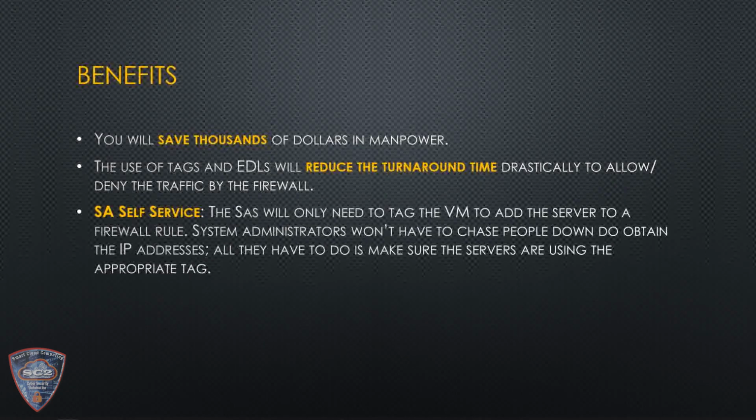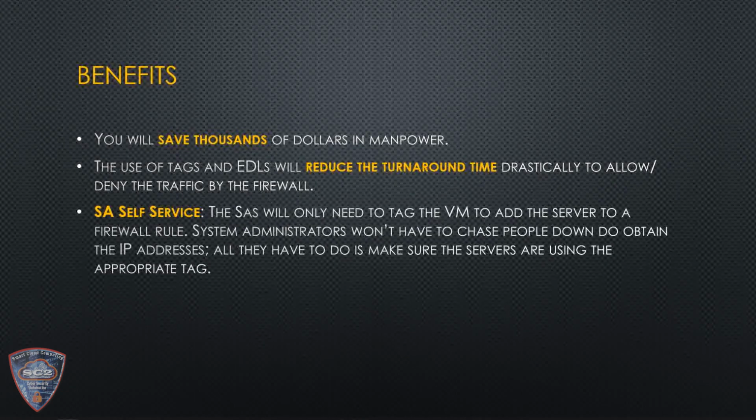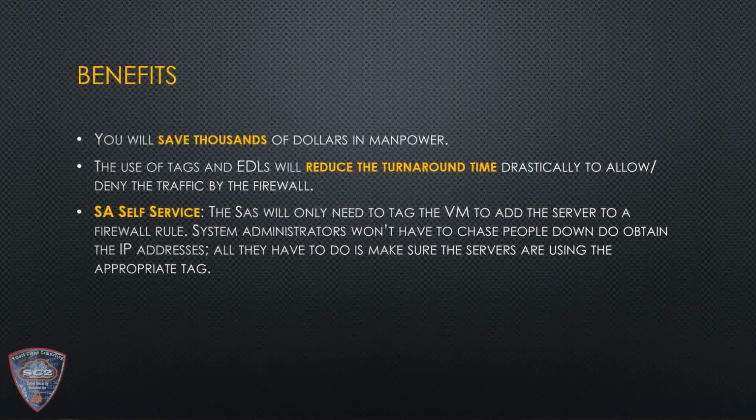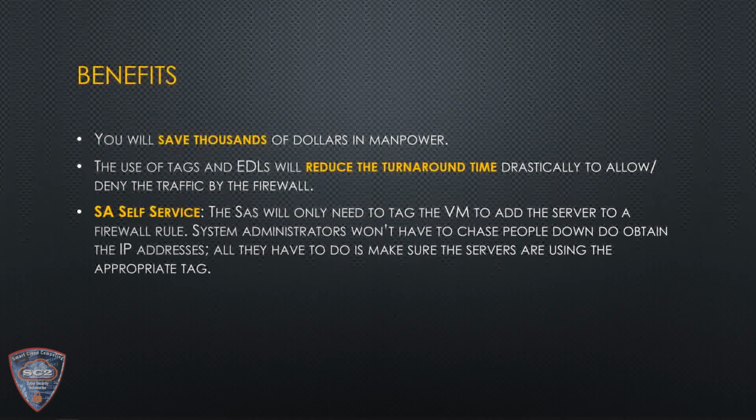Another benefit is that the system administrators won't have to reach out to the firewall and security team. All they have to do is add the appropriate tag on the virtual instance, whether that be in AWS or virtual machines running on VMware ESX hosts.